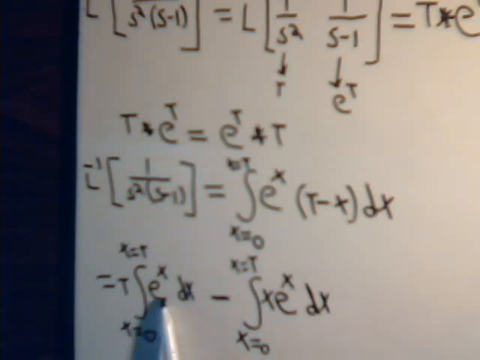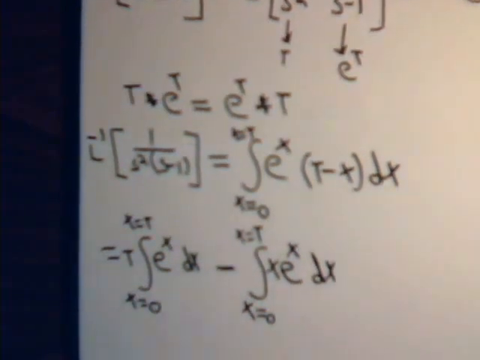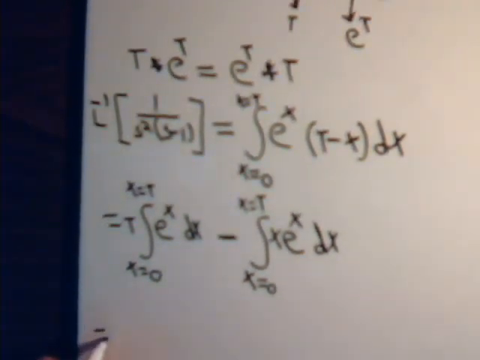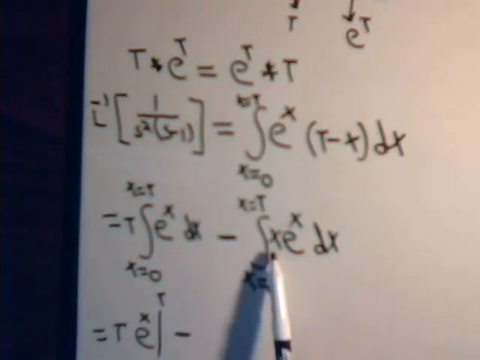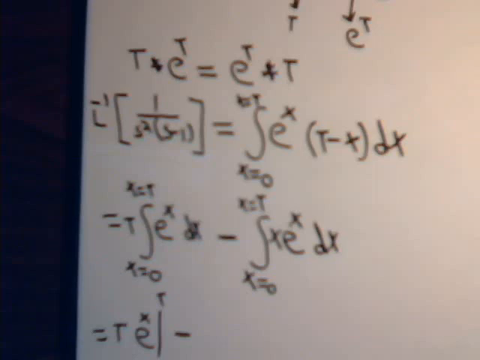And of course, this is just e to the x. So this equals t e to the x with its limits, minus, and then here we have x e to the x. That's all set up to evaluate.